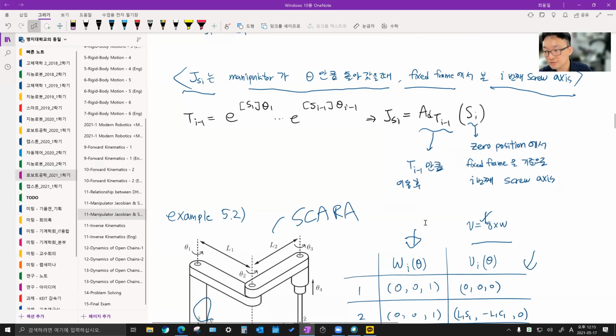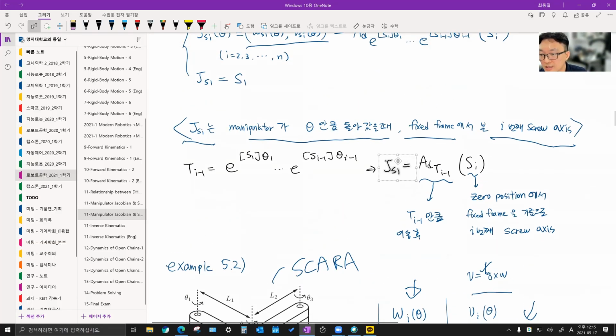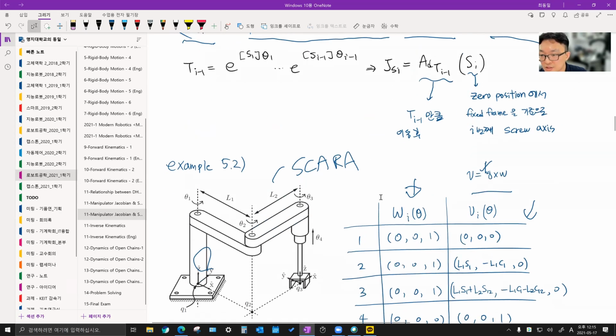Actually, JSI is the screw axis. So screw axis means this one.